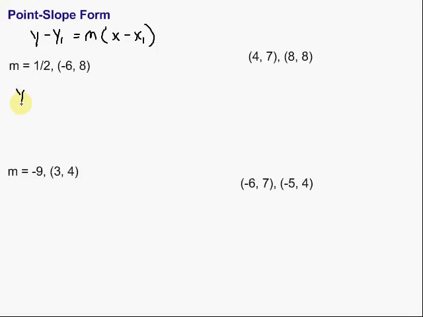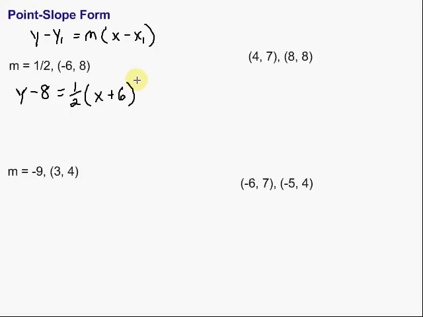So y minus y sub 1, our y, remember this is in the form xy, so y is the second one, 8, equals m, which is 1/2, then x minus our x right here, which is -6, so it's going to be x plus 6, because minus minus 6 gives us the plus 6.